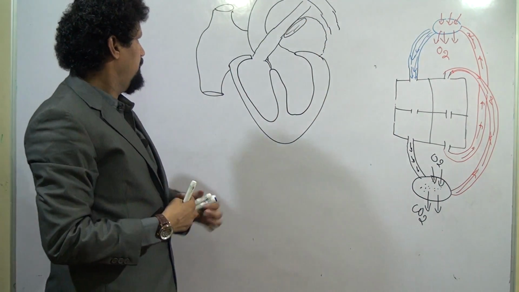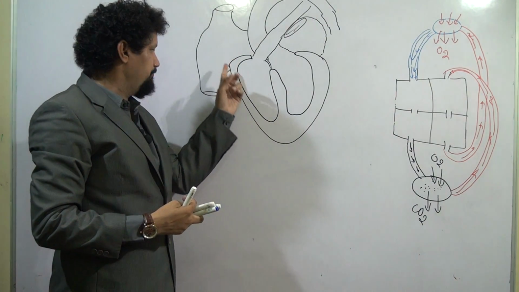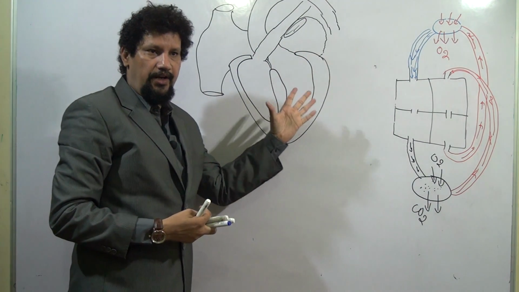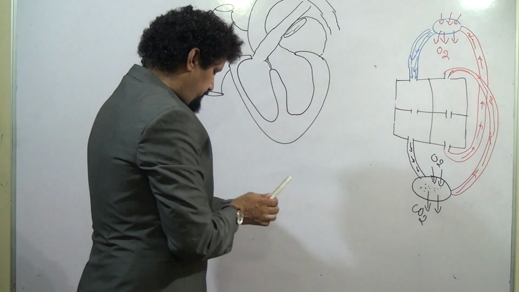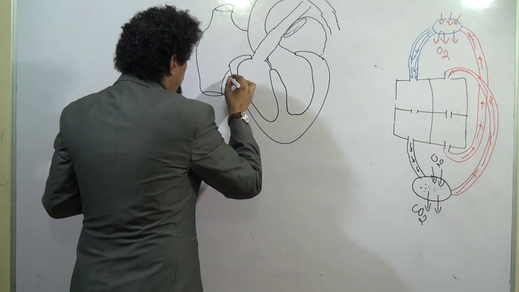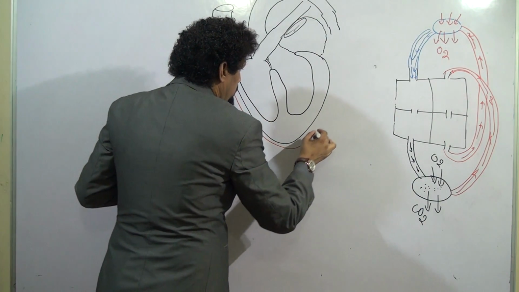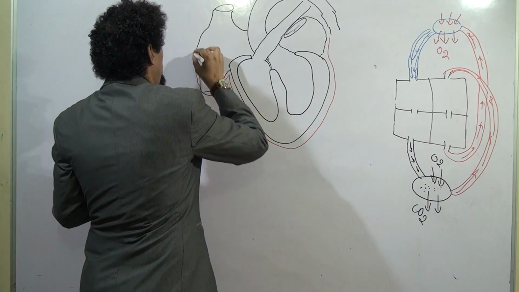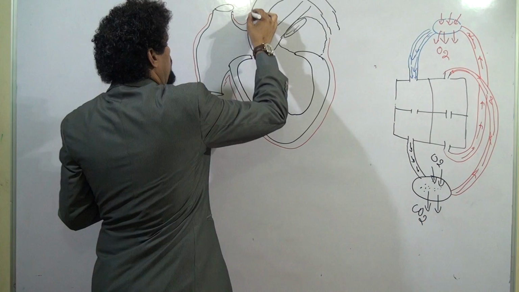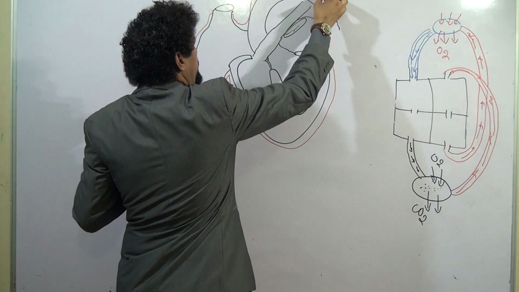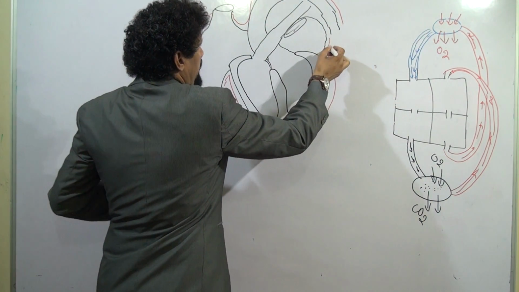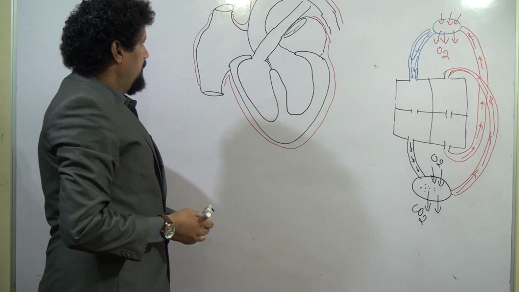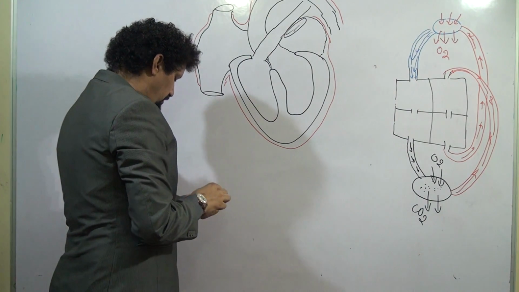This is the heart having right atrium, right ventricle, left atrium and left ventricle. The initial part of the great vessels, and the heart is covered by the 3 layers of connective tissue.